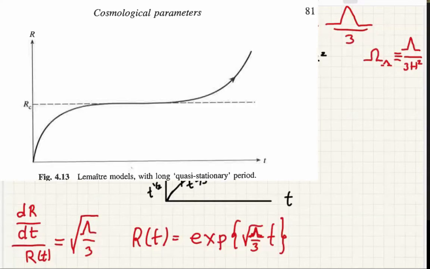He's got Einstein's actual solutions with a critically tuned lambda, where r of t could actually be constant for a long time. You have to balance the value of lambda and the density of matter.